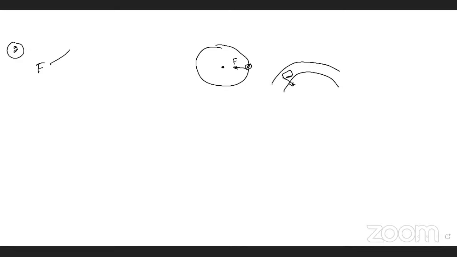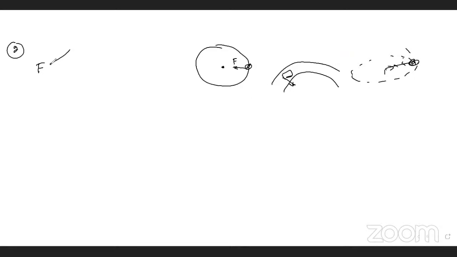We'll discuss this later in this lesson. Also, if you rotate a stone attached to a string, the string gets tension, and that tension gives the centripetal force. Without this force, the stone cannot move in a circle. When the string is cut, the stone will not be in circular motion; it will move away from this path.